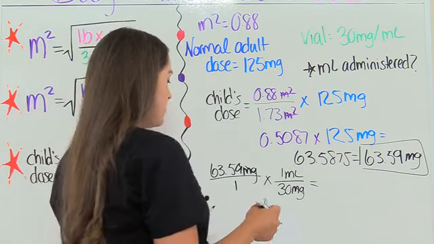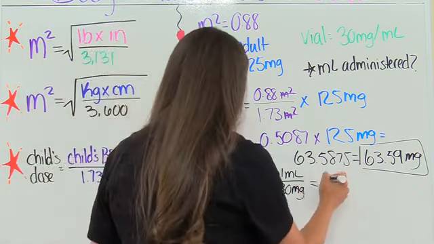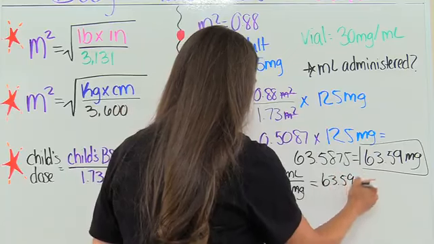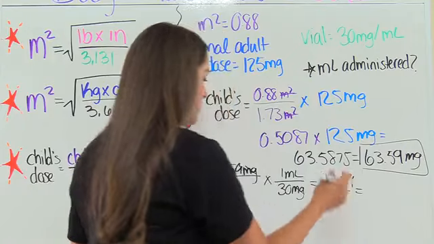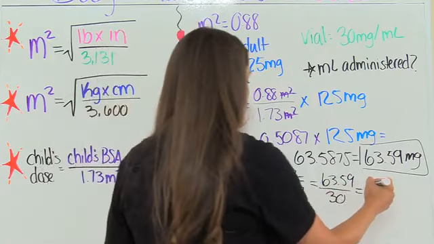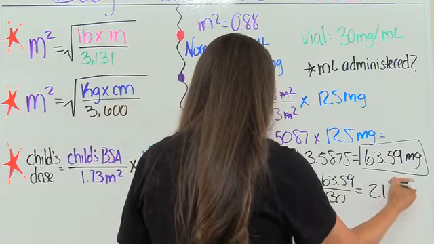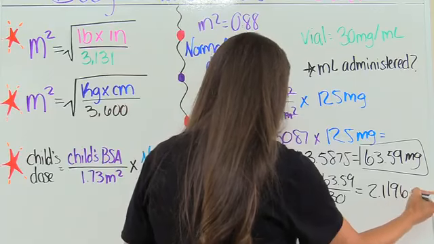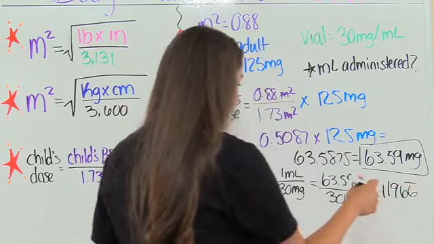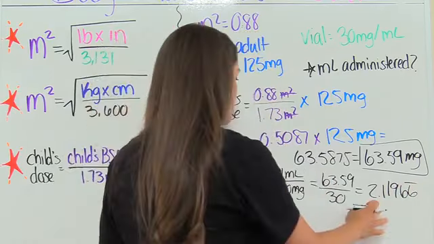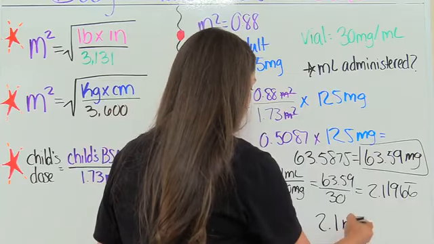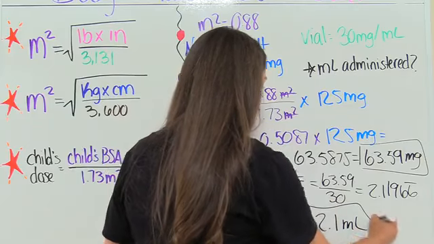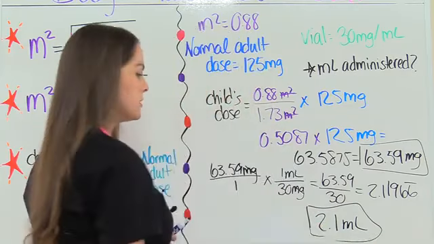So 63.59 times 1 is 63.59. And then 1 times 30 is 30. And then when you divide that out, you get 2.11966 repeating. And then we're going to round to the nearest tenth. So we're going to get 2.1 mLs is how much we're going to draw up and administer to this patient.